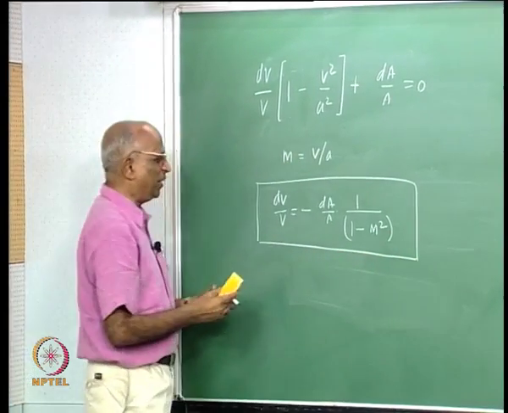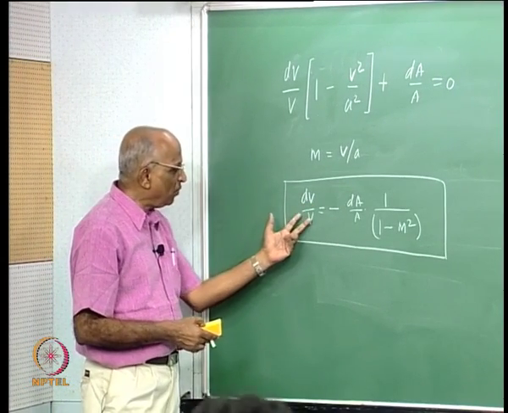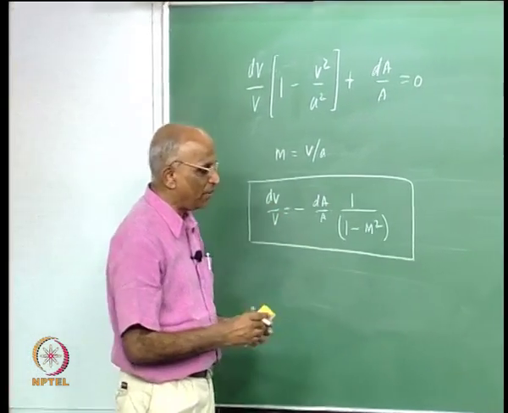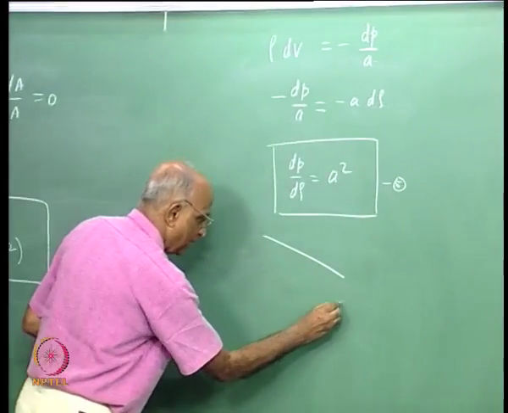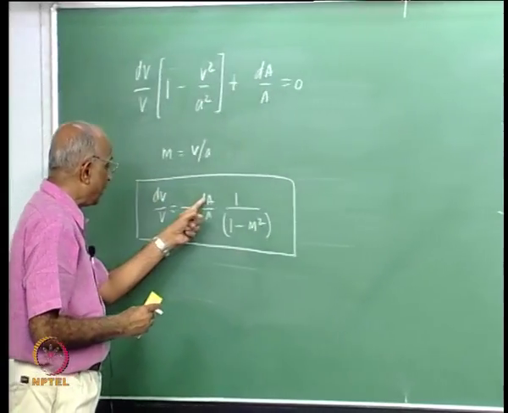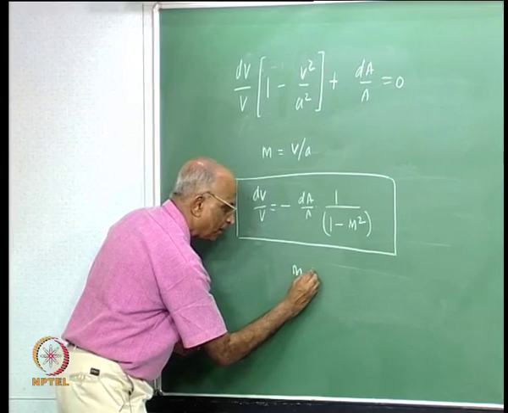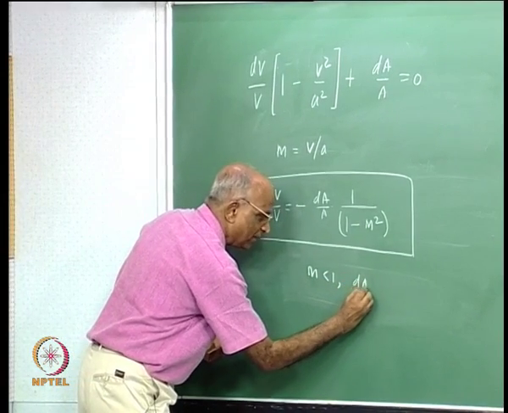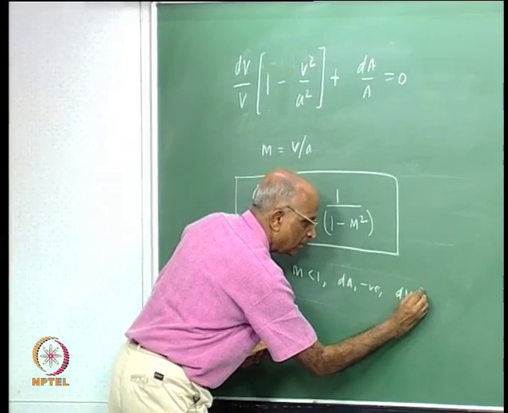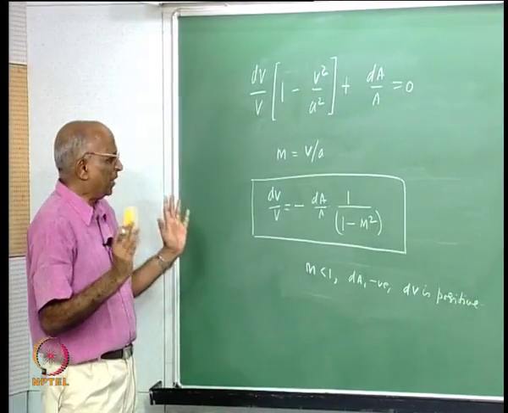Whenever we derive an expression we must look at what is happening behind it. Therefore what do we find? If dA is negative, like what we had drawn here, we said area is decreasing as x is progressing. If dA is negative, this becomes positive, and if we say M is less than 1, when dA is negative, then dV is positive. What is it I am telling you?